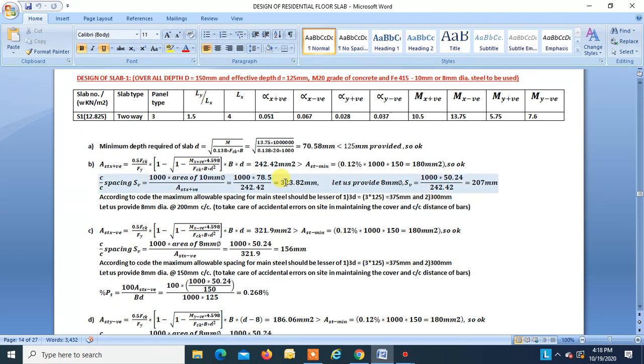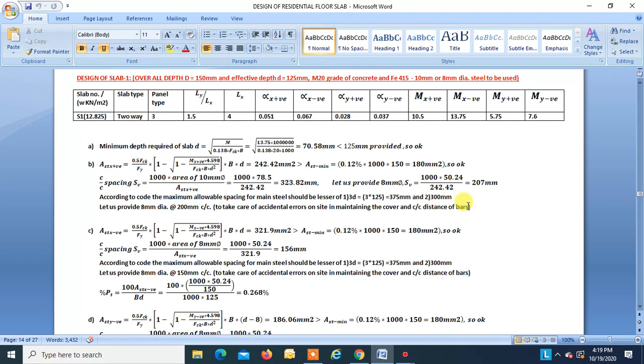But our spacing is found to be greater than this, so we have to provide 300 mm, which will be uneconomical. So let us try a smaller diameter of bar, and we will take 8 mm dia bar. Okay, the spacing then found is 207 mm, which is less than 300 mm. Okay, so let us provide 8 mm dia at 200 mm center to center. Okay, so this is the steel which we will provide.